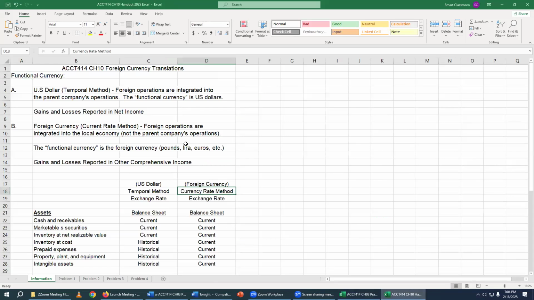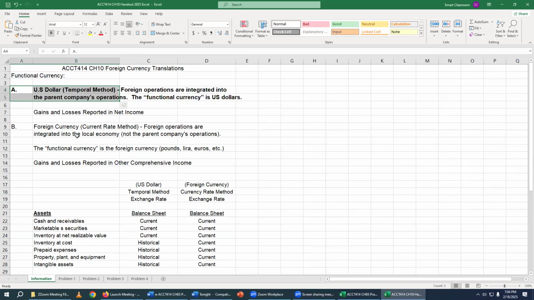Okay, so there are two different methods that we have. One is where the US dollar is the functional currency. So we're going to translate everything into US dollars.